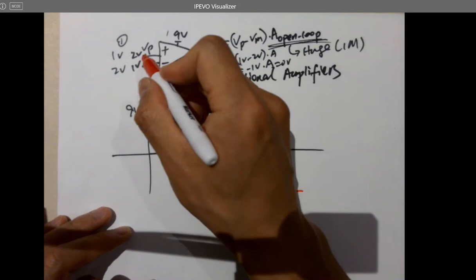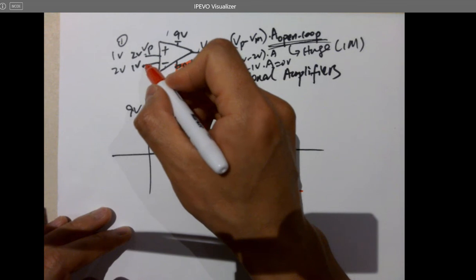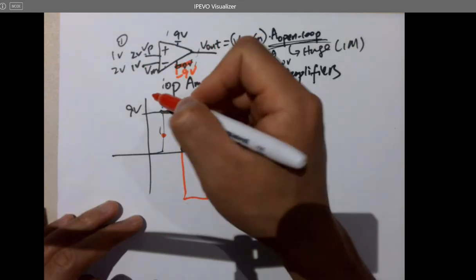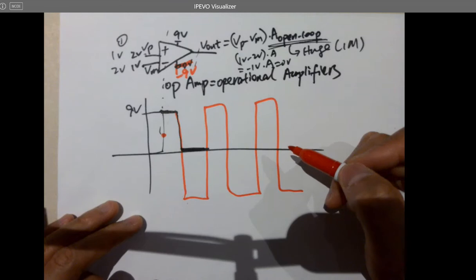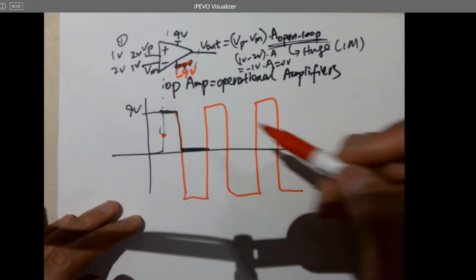The difference has to be tiny, like microvolts or something. But usually that won't happen because the noise is even higher than that. It's difficult to maintain that small change, and we're not using this amplifier for that purpose. We're using it as a comparator.